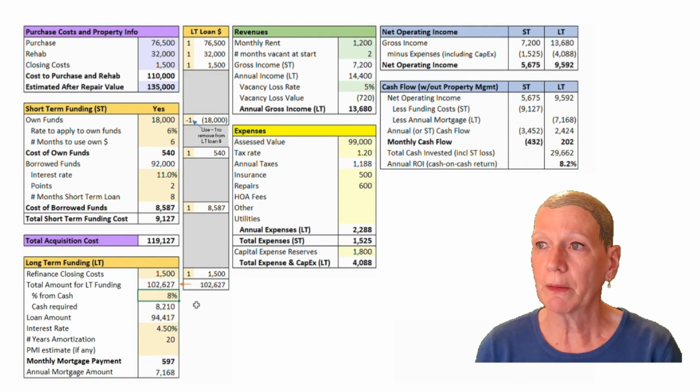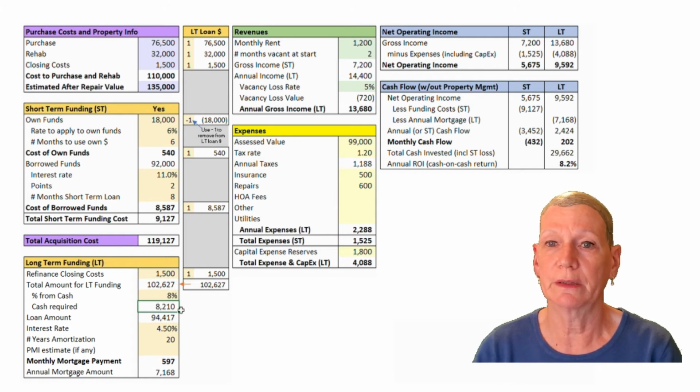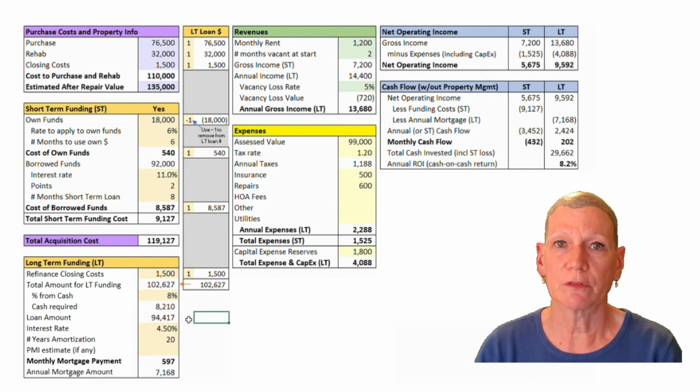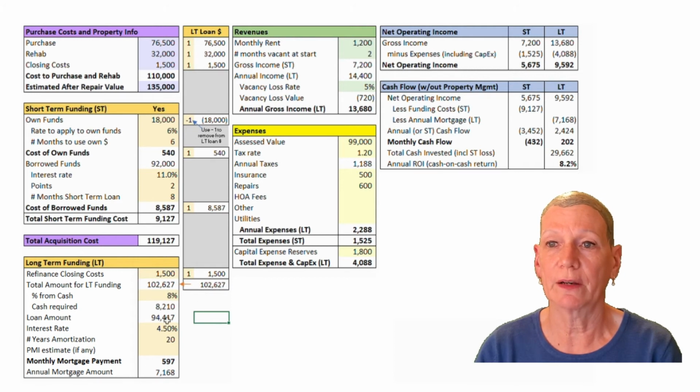So you can play with that number a little bit, but I know if I put 8% down, so I'm only borrowing $94,400 instead of that original $102, then that does get me up to my cash flow target of $202.